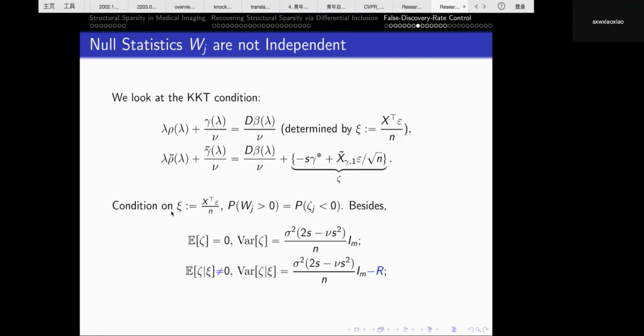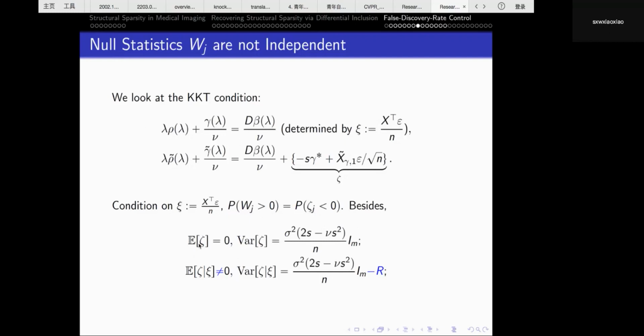So this means, conditioned on the zeta, the event that W is positive is equal to the event that zeta j is negative.